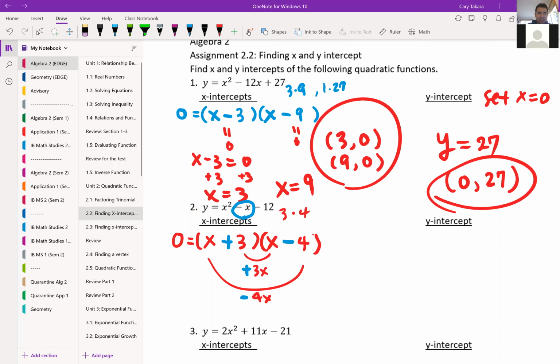Is everybody doing okay? Now, what is the x-intercept? The x-intercept is going to be negative 3 and positive 4, or negative 3, 0 and 4, 0.